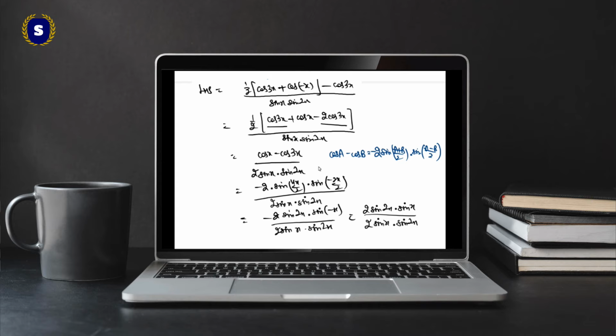All the values are the same on the numerator and denominator side. They'll cancel out each other. So we'll get 1 which is equal to RHS. Hence proved.